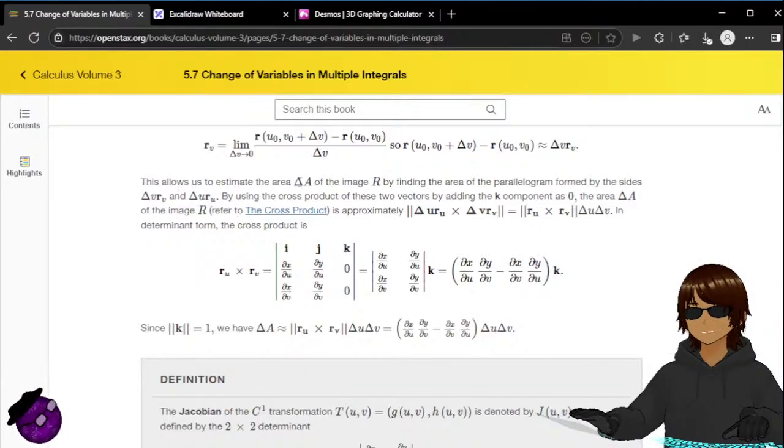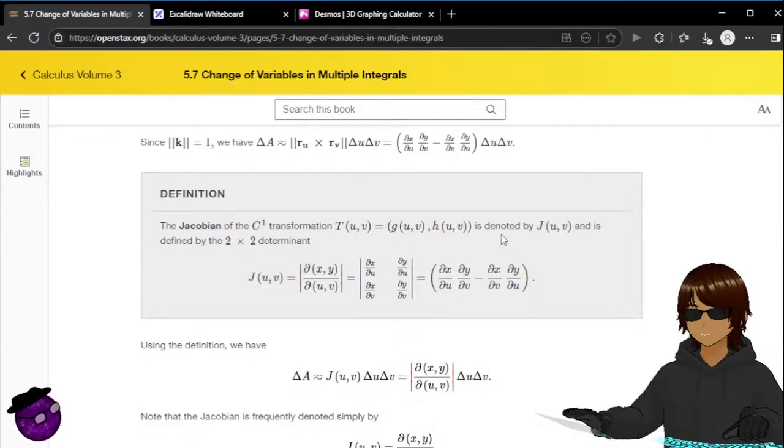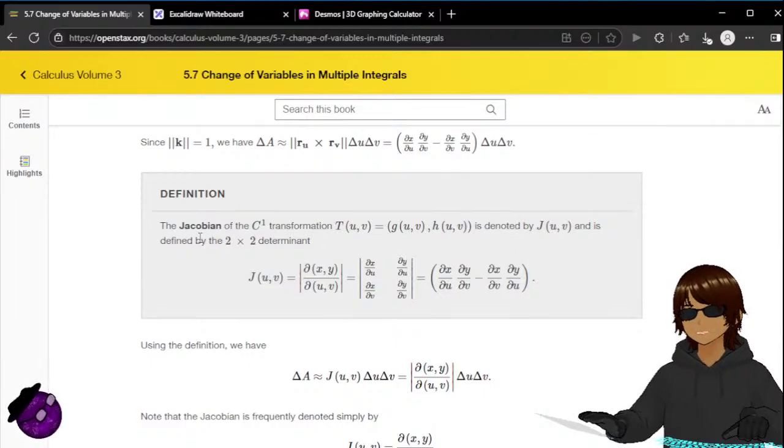This allows us to estimate the area of the image by finding the area of the parallelogram formed by the sides, this and this, by using the cross product of these two vectors by adding the k component as 0. The Jacobian of a C1 transformation T(u,v) is denoted by J(u,v) and is defined as a 2 by 2 determinant.